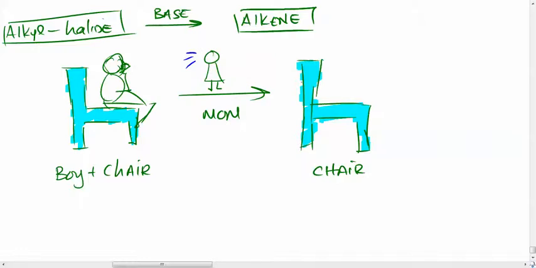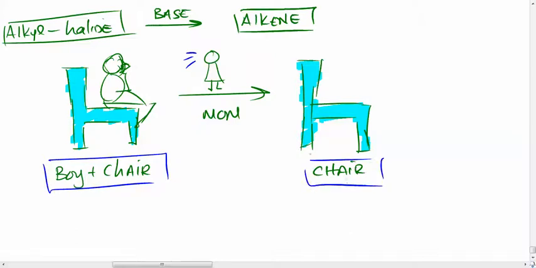Now we just have a chair. Notice that the boy with the chair is different from just having a chair. So we are left with a different product than what we started off with. So we start off with an alkyl halide, and under the influence of a base, we would remove a proton and then kick off this halogen, generating an alkene.